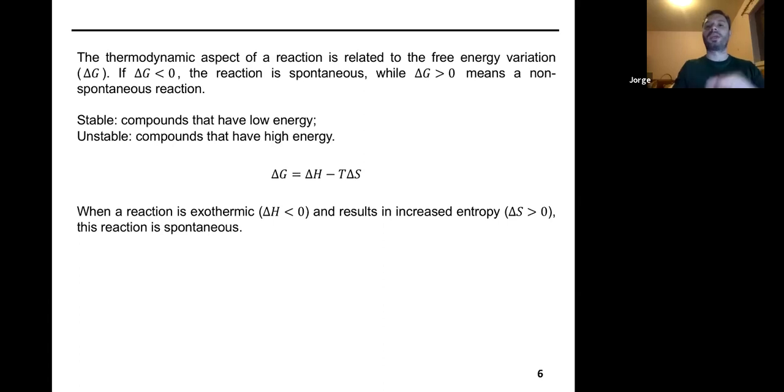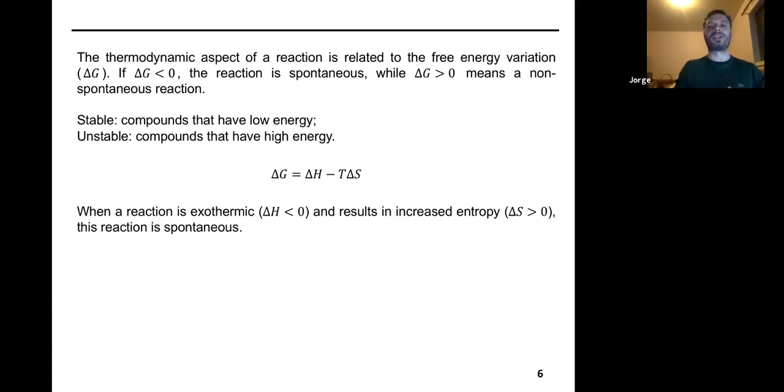And here we can label compounds as stable, or compounds that have low energy, and unstable, which means compounds that have high energy.